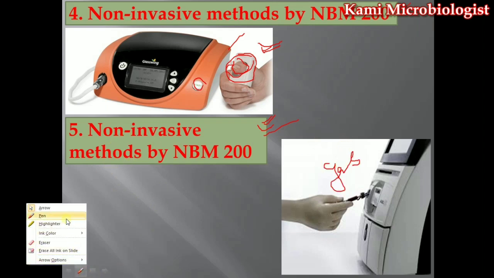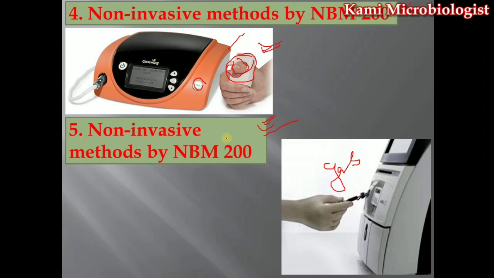Okay, then we have another method which we call the gas analyzer method. This is actually blood gas. This is not the non-invasive, sorry, I mistakenly wrote it here, but this is actually the blood gas analyzer machine. Through this machine we can also find the hemoglobin concentration. This is actually the syringe which contains the blood.